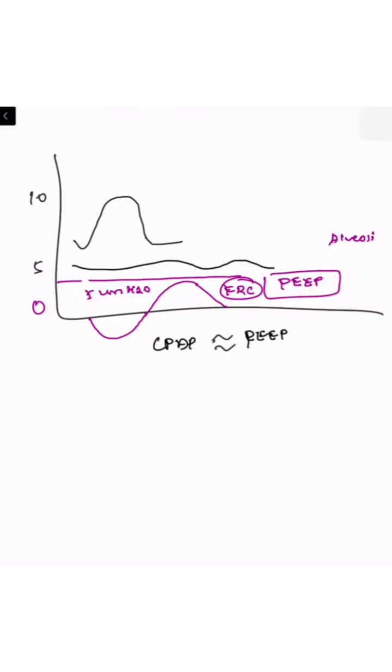So we are giving pressure support during inspiration, which is called IPAP, inspiratory positive airway pressure, and we are maintaining some amount of pressure during expiration, which is called expiratory positive airway pressure.